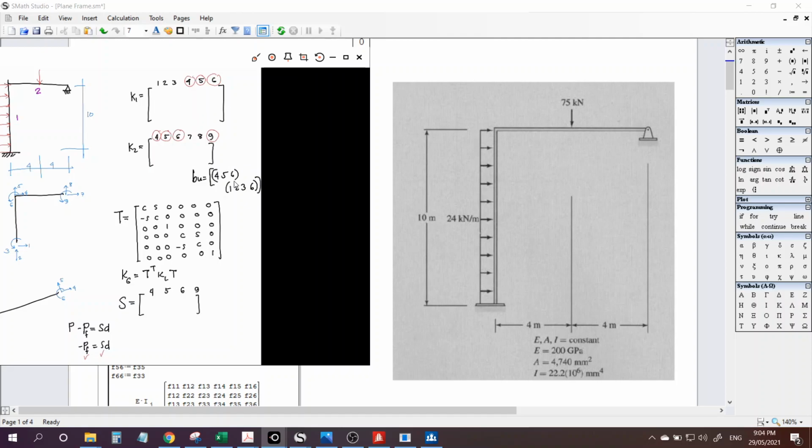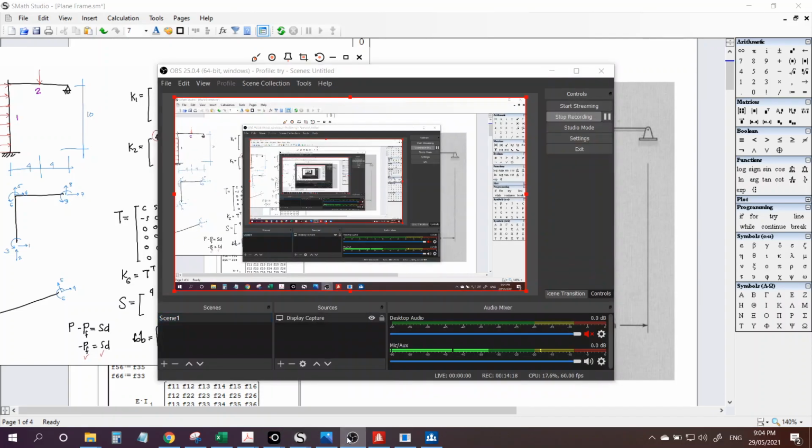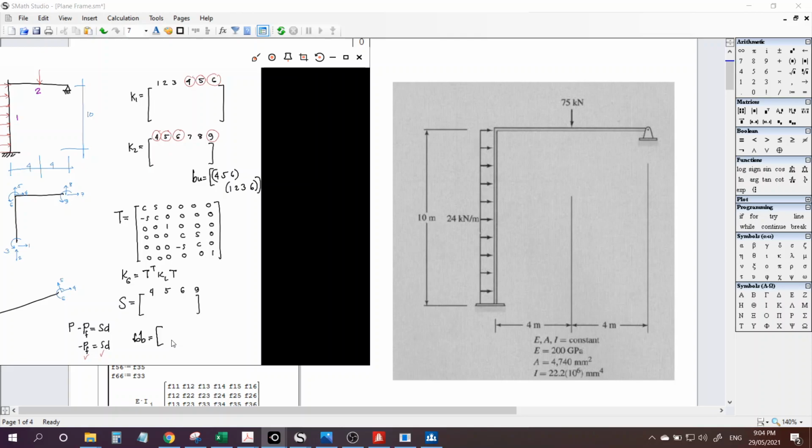Now for my BB matrix, what's the location? BB will correspond to the destination in our S matrix here. This 4, 5, 6, what's the destination of that? It's the 1st, 2nd, and 3rd, right? So 1, 2, 3. While for member 2, its location is 1st, 2nd, 3rd, and 4th.